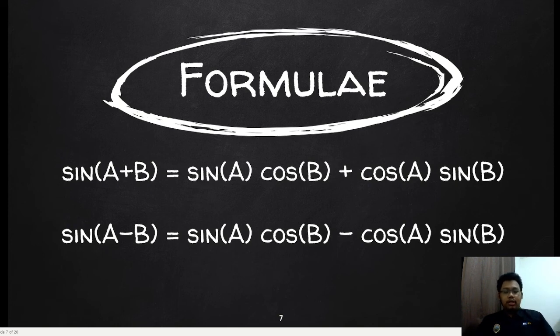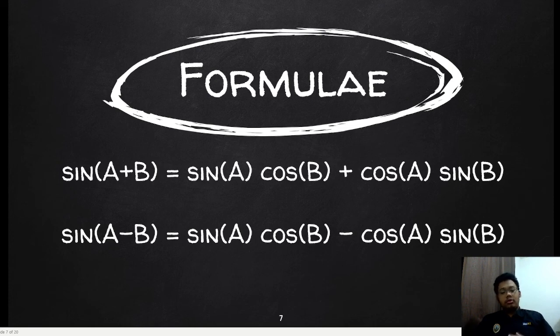Don't worry, it will be given in your paper during your exam. So for the formula, I just want you all to understand how the formula functions, how the formula works. So sine A plus B, right?